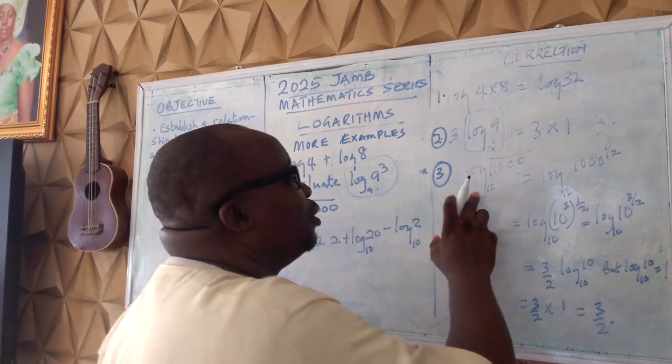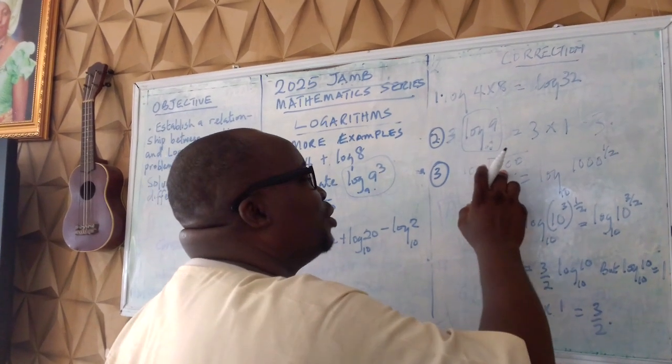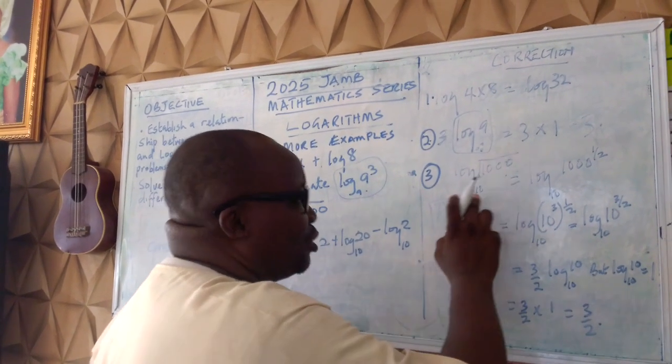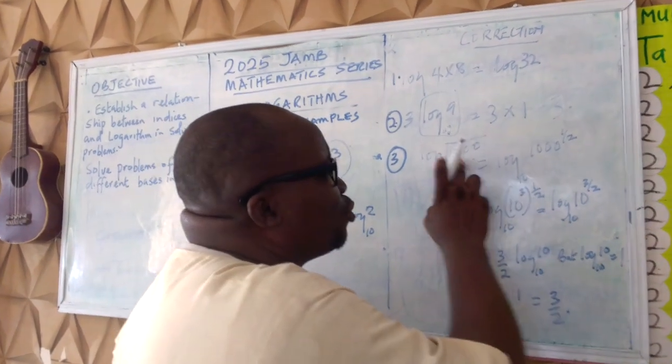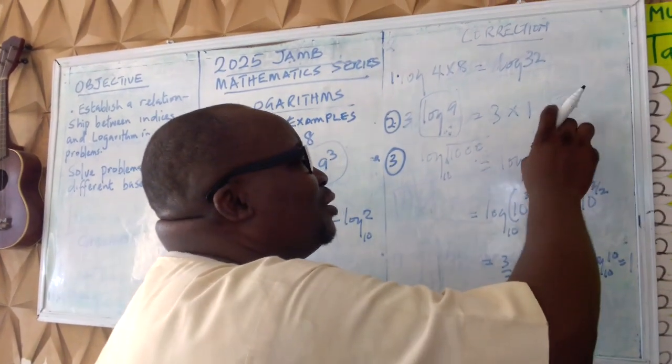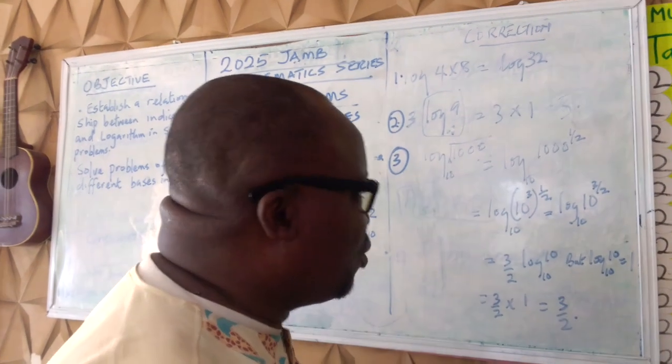They say we should solve log of the square root of 1000, base 10. We know from our English knowledge that the square root of 1000 is also 1000 raised to the power half. Hope you recall that.